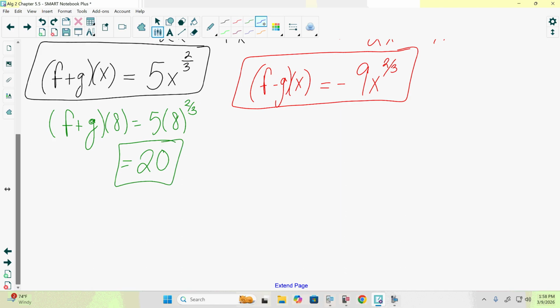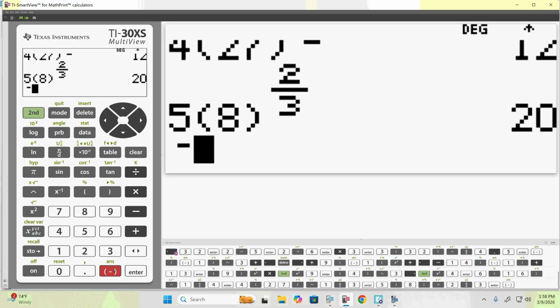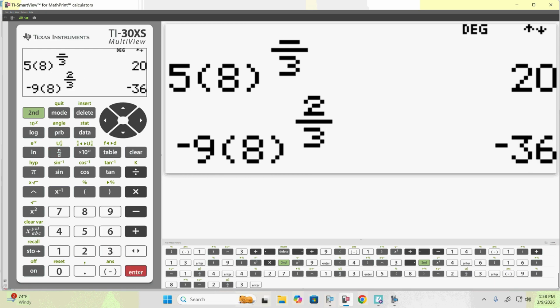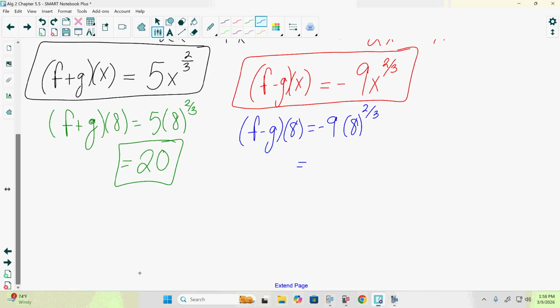All right, guys. F minus g of 8 would be negative 9 times 8 to the 2/3. Again, we can grab the calculator, say negative 9 times 8 to the 2/3 is negative 36.